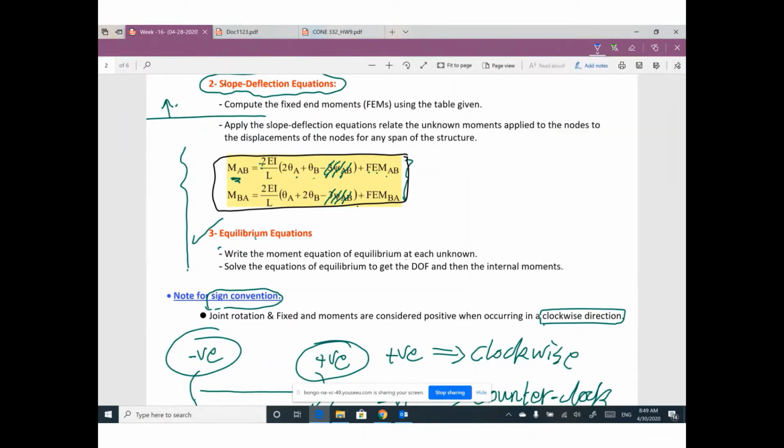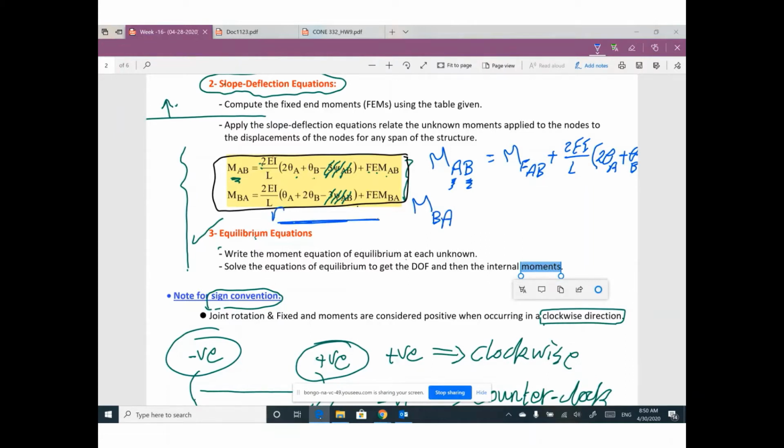I will write it like this: MAB, which is the final moment, equals M fixed AB plus 2EI divided by L times 2 theta A plus theta B. I'm talking about one member, AB.